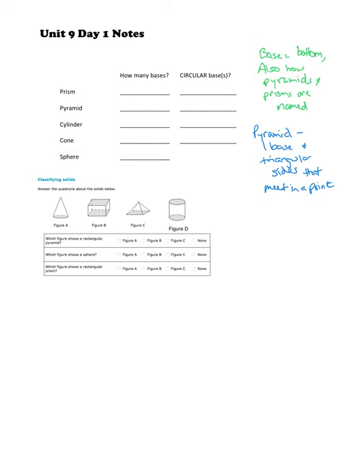Now let's do a prism. A prism is a polyhedron, which means a three-dimensional figure with multiple sides. It has parallel bases and rectangular faces. All these words.